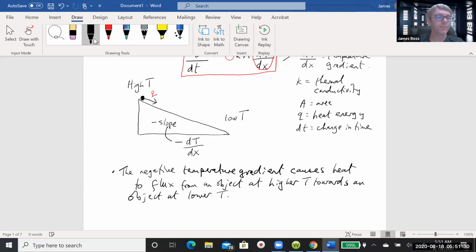Okay. So we've talked about flux. Let's see if there's anything else. We talked about the flux of heat. I think that's all I wanted to say there.